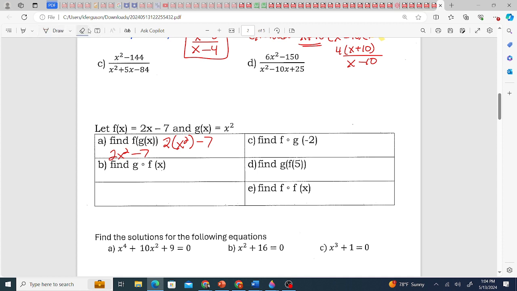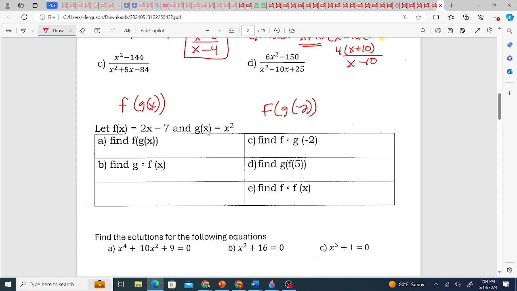So let me go back to the first one. Okay, this is f of g of x. F of g of negative 2. So what's g of negative 2? There's g.